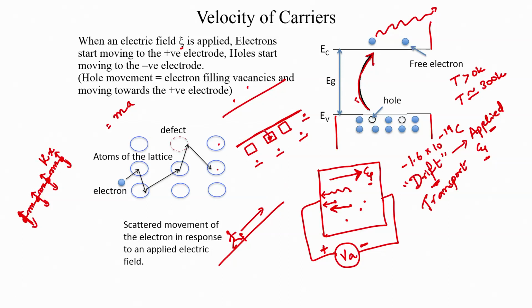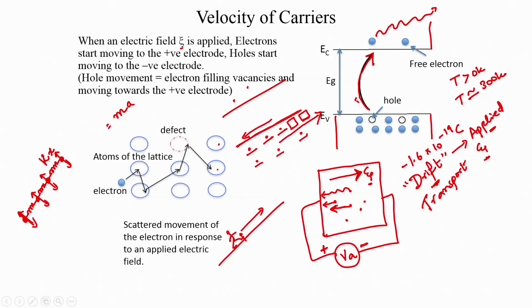And further, let us say this electron now jumps into this vacancy, which implies that it would occupy this state and create a vacancy there. And if this process were to continue, you will find that the electrons in the valence band also try to respond to the field and move towards one side, and it would appear as though the vacancies were moving towards the other side in the opposite direction.